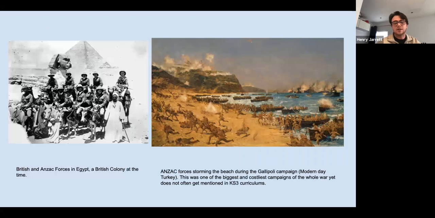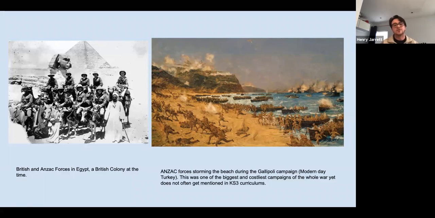and being memorised in history. On the left-hand side of the screen is a photo of British and Anzac forces in Egypt, which at the time was a British colony. There were a lot of conflicts going on there between British imperial forces and German imperial forces, as well as Ottoman imperial forces.